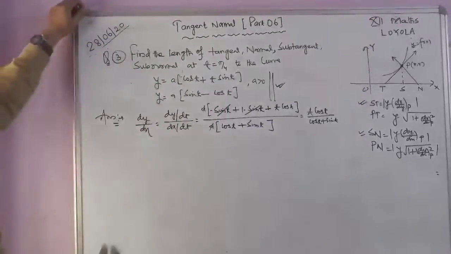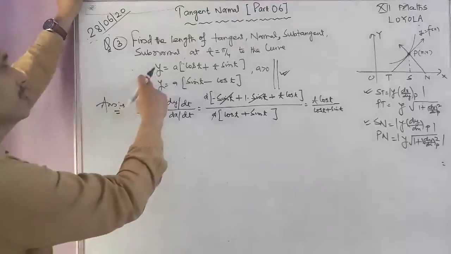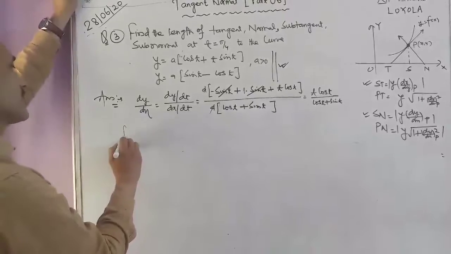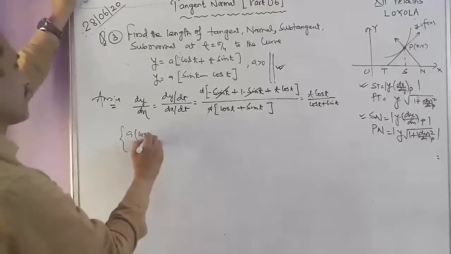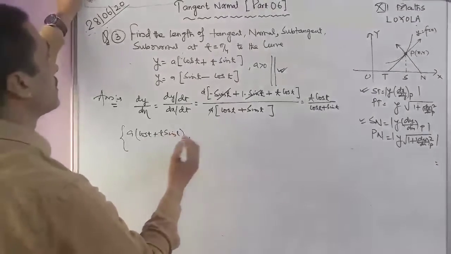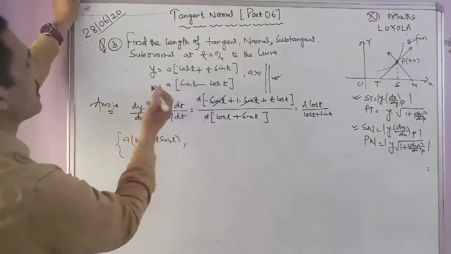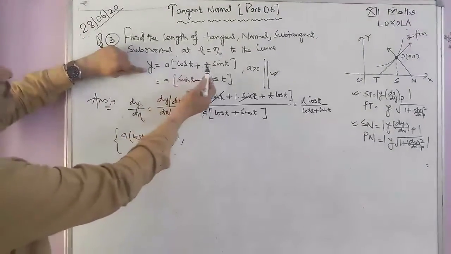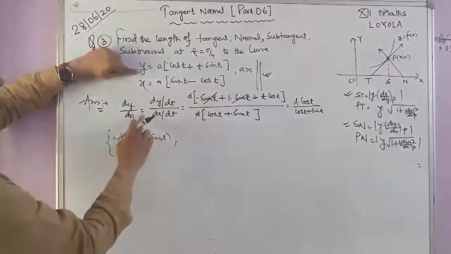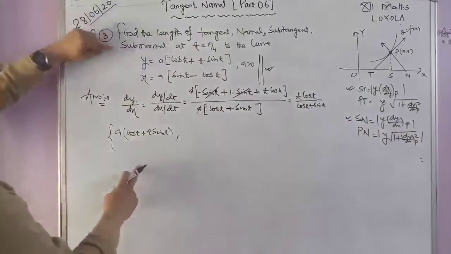Here the given equation is in parametric form, so we write the two coordinates as an ordered pair. Here x equals a(sin t - t cos t) and y equals a(cos t + t sin t), so dx/dt is t cos t plus sin t.